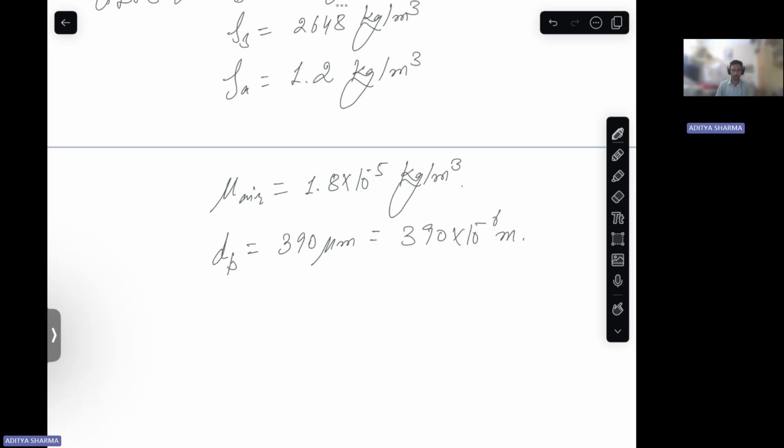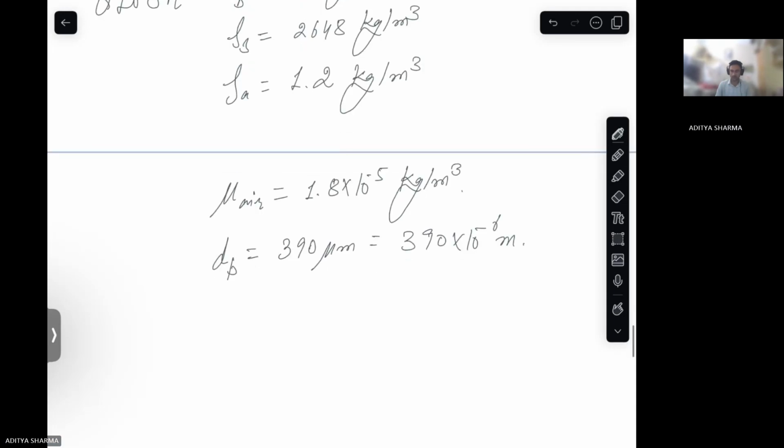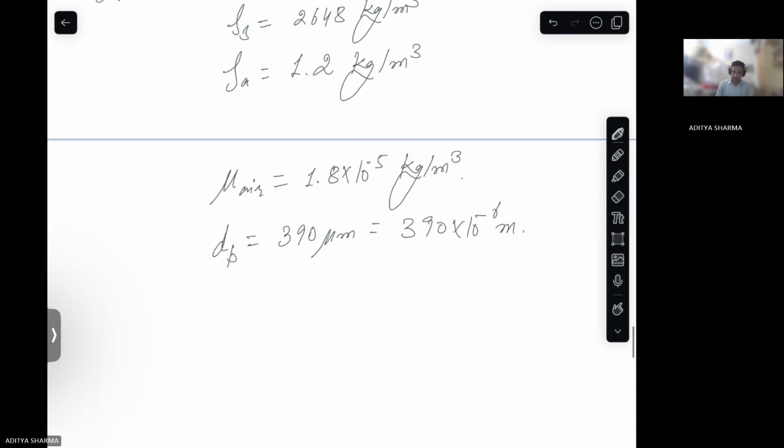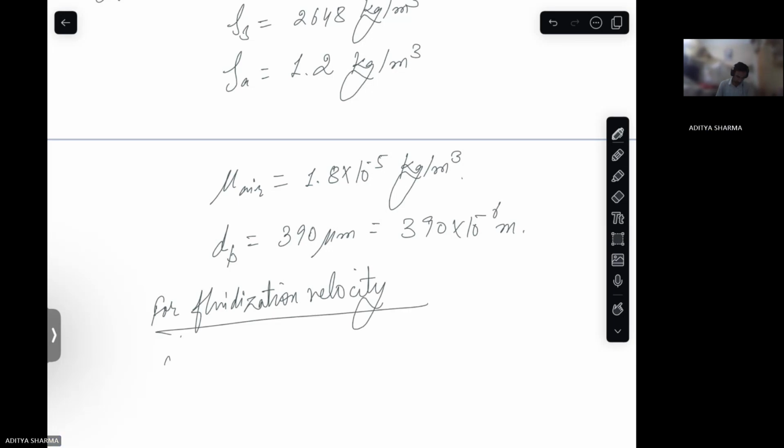So we need to find out the fluidization velocity. For fluidization velocity, how can we find it out?